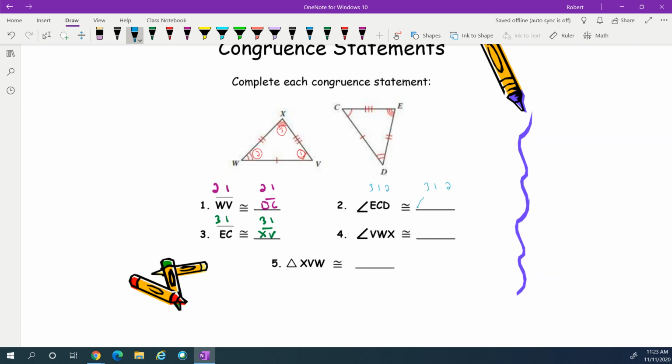So we're comparing angles. 3 is an X, 1 is a V, and 2 is at W. And then finally, we can do our last one, VWX. VWX went 1, 2, 3, so we're going to do 1, 2, 3. C, D, E.